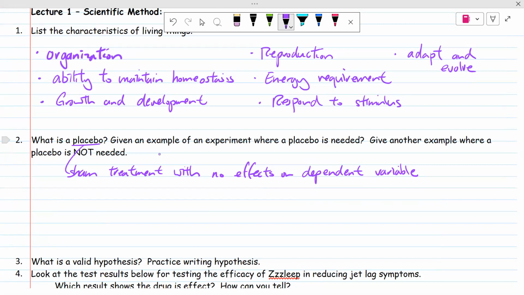Do we always need a placebo when we do an experiment? No, only when we deal with humans. So give an example where a placebo is needed. Involving humans, for example testing new drugs.